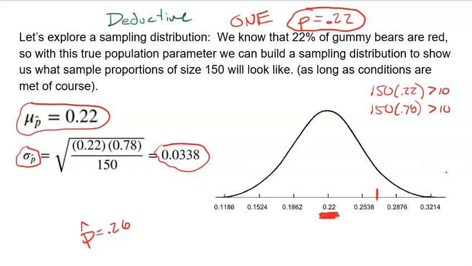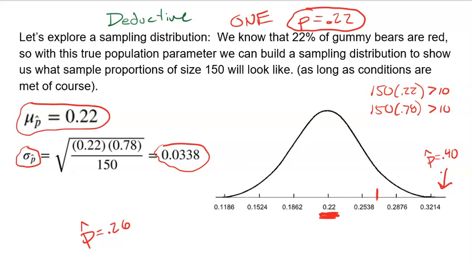But if a sample came back unbelievably high, and let's just say that a sample came back at 40%, well, that might alert me to something because this model shows me that 40% is very, very unlikely. So if a sample did come back at 40%, and it truly was a random sample, well, then maybe that would tell me that the 22% was wrong or unjustified.